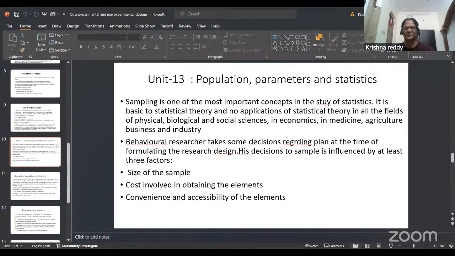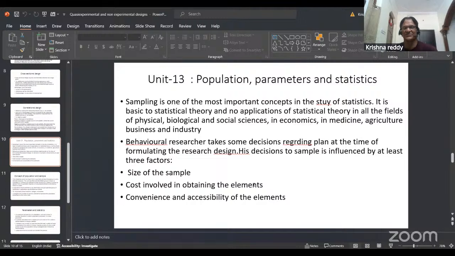So statistical theory is at the base of sampling. Psychology comes under the behavioral sciences, so behavioral researchers also use statistical applications, and statistical applications automatically enter the research when there is a sampling.